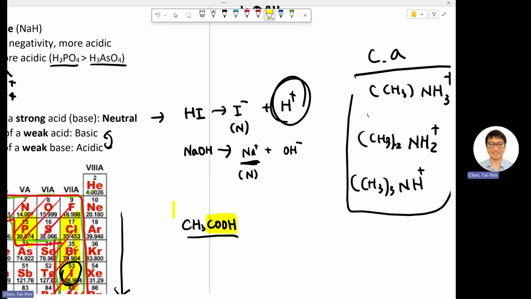Then can you write out the conjugate base of this acid? It will be CH3COO minus, right? So this guy is the source of your basicity. How about this? Should it be acidic or basic?